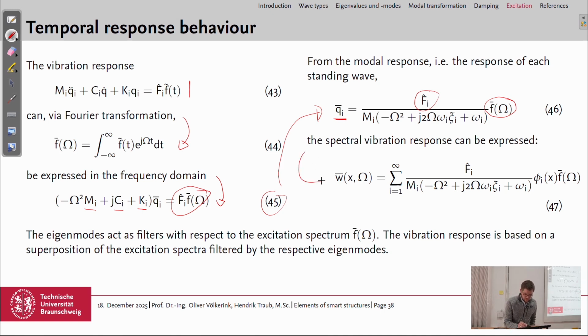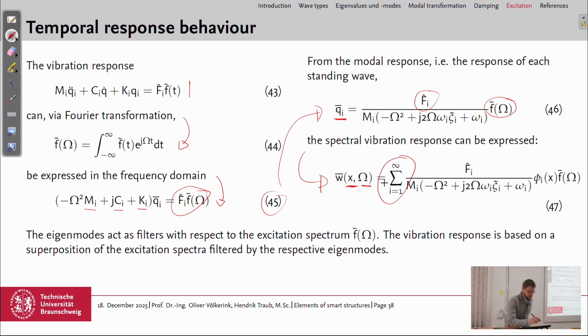And with this we can also formulate the description of the beam overall in terms of the space quantity and the frequency. And this is by summing up all the eigenmodes we have, so all the oscillators we are looking at.